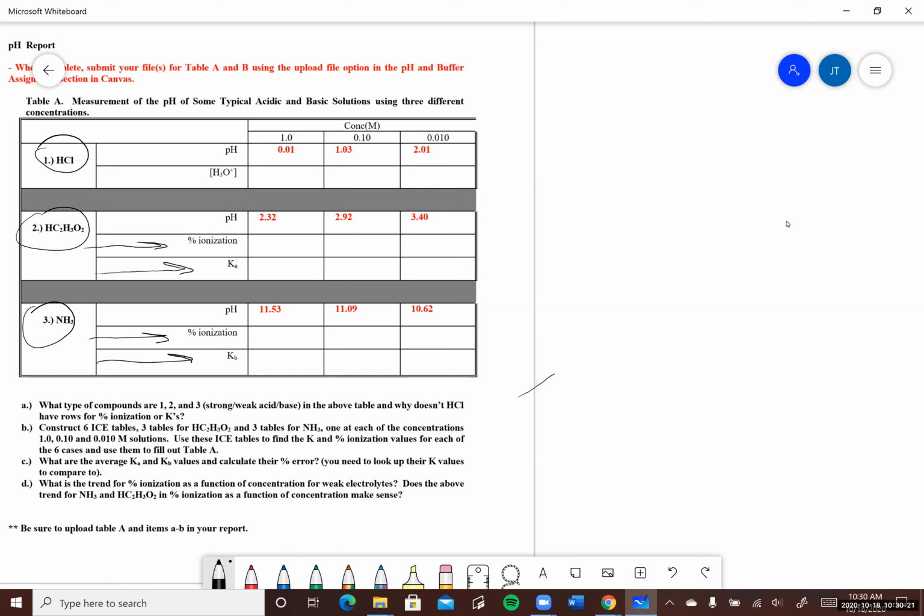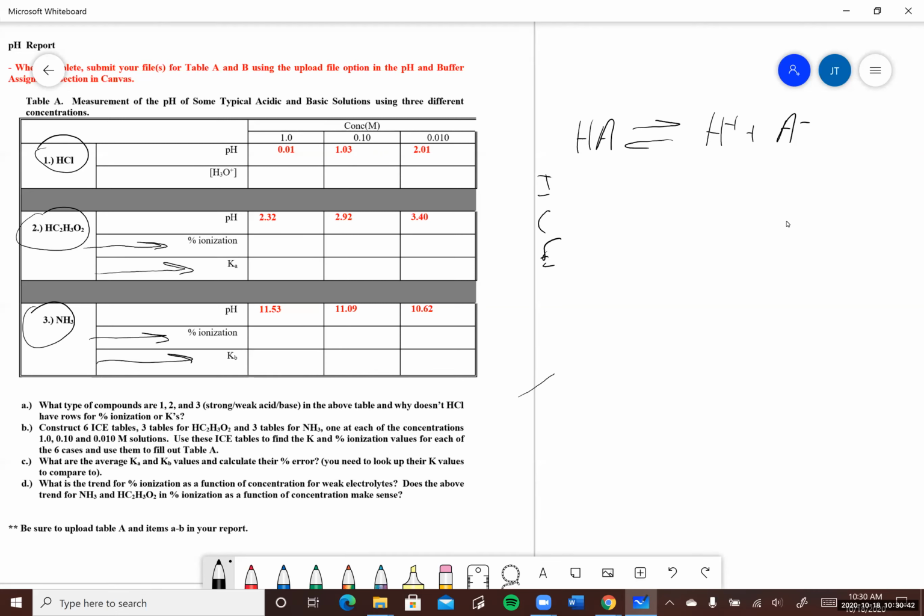So this is similar to what you might find in lecture as far as an ice table goes. It might look something like this for a weak acid. Plus A minus, you got ICE.